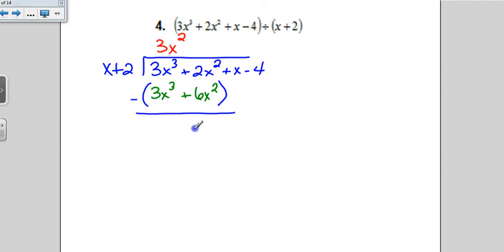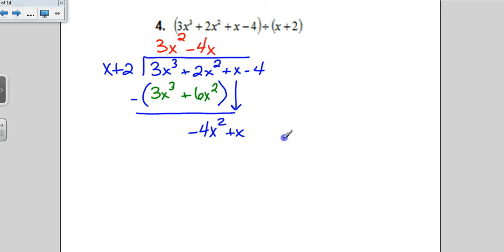3x to the thirds will cancel. 2x squared minus 6x squared gives us a negative 4x squared. And then we're supposed to bring down this other plus x. So now when I look at negative 4x squared being divided by an x, that goes in negative 4x times.